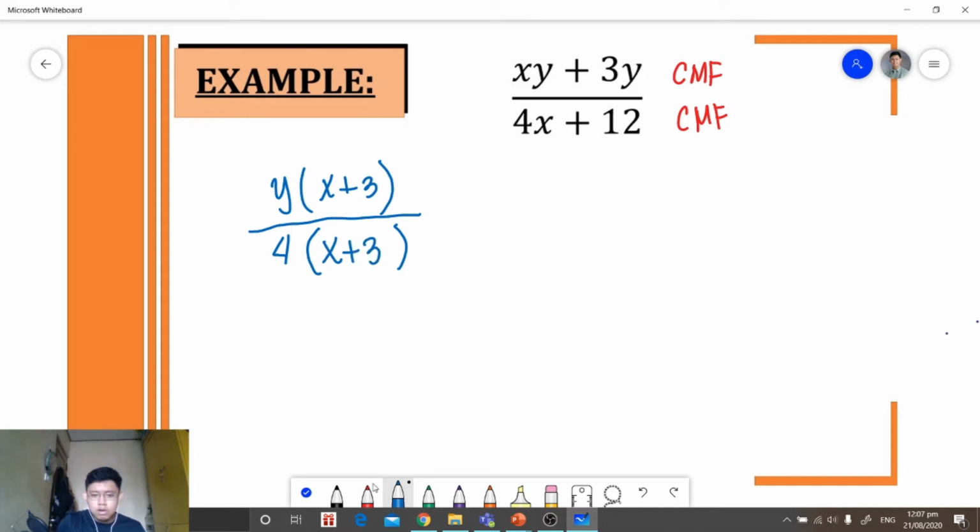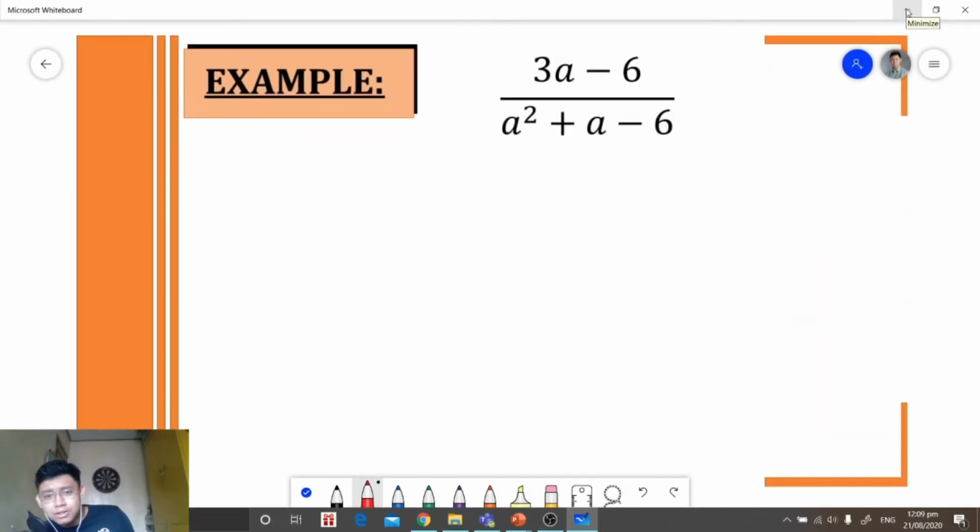Now, we are going to apply cancellation if we have a common factor for numerator and denominator. So let's divide. We have x plus 3 cancel, x plus 3 cancel. So our simplified form will be y over 4. And that will be our final answer.